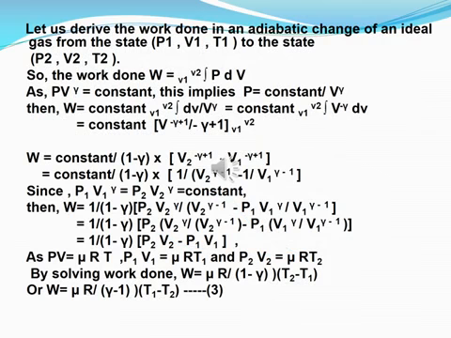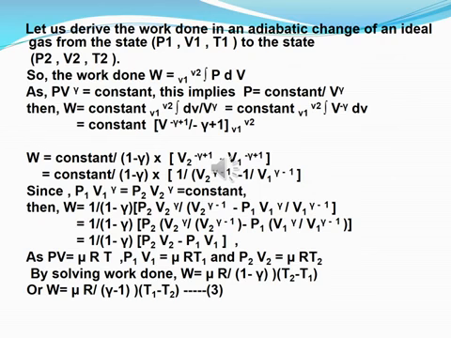Let us derive the work done in an adiabatic change of an ideal gas from the state P1 V1 T1 to the state P2 V2 T2. Here, work done W is equal to the integration of P dV from V1 to V2. As PV raised to gamma is equal to constant, this implies P is equal to constant by V raised to gamma.